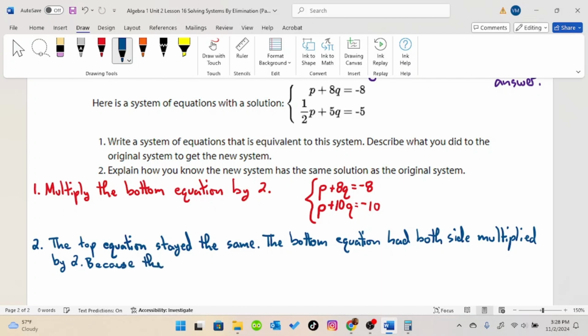Because the equations are equivalent, they will have the same solutions.